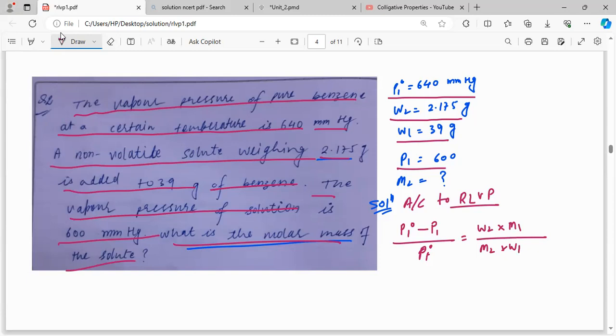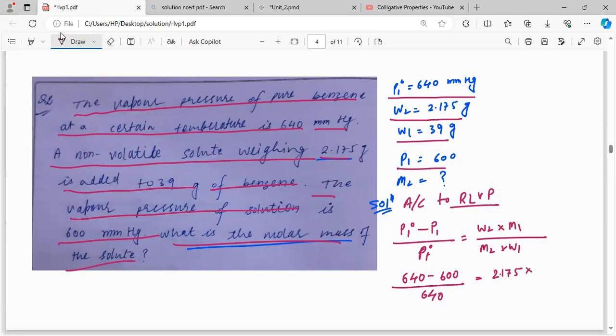So P1 naught is 640, minus 600, divided by 640, equal to W2, which they have given, 2.175, multiplied by M1.